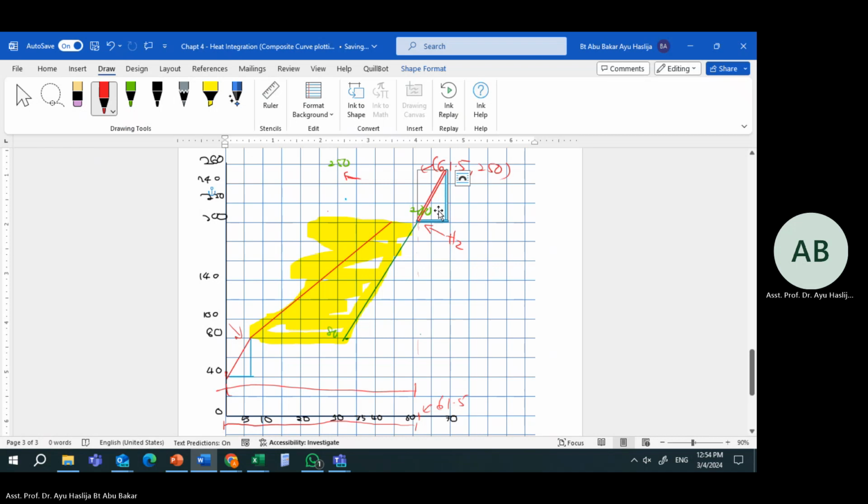Because if you drag to the last point, the total distance on the x-axis will be more than 61.5. So in this case you should calculate the distance.